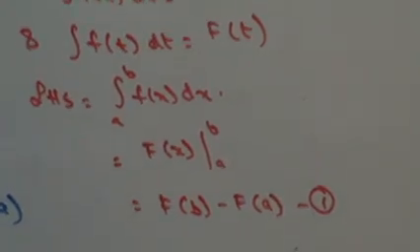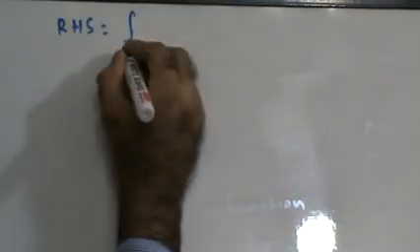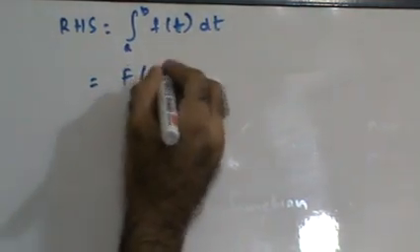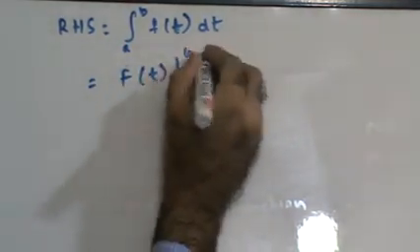Right? Next, let's move on ahead. RHS. Integral of a to b f of t with respect to t is nothing but capital F of t when the limits are from a to b.